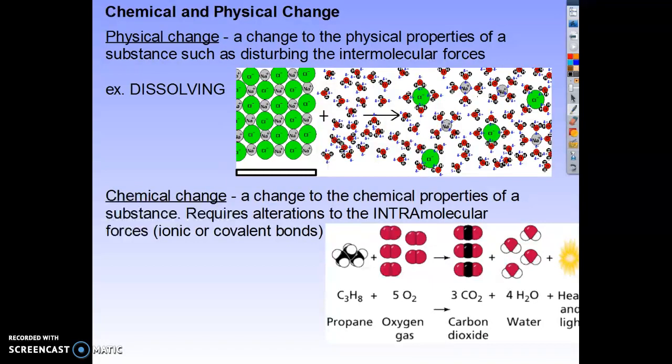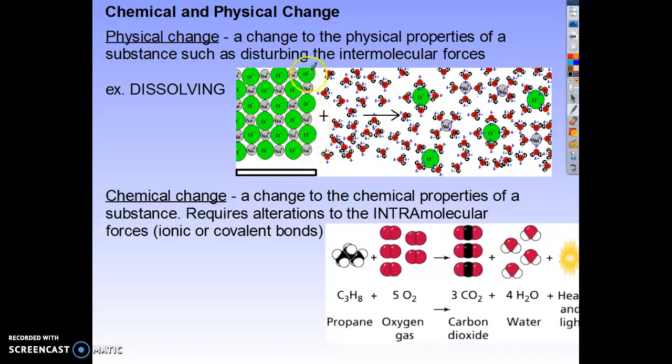So like I just said, that crystal having a whole bunch of NaCl compounds attracted to each other, these are intermolecular forces, the two separate compound groups. All these groups being stuck together like this, these are intermolecular forces.